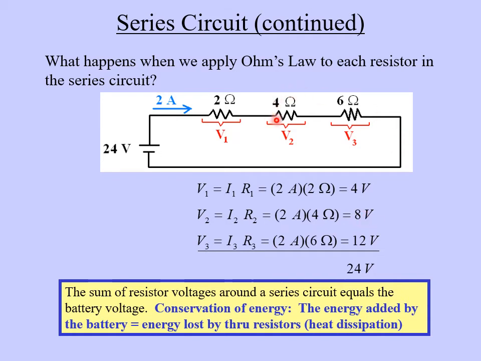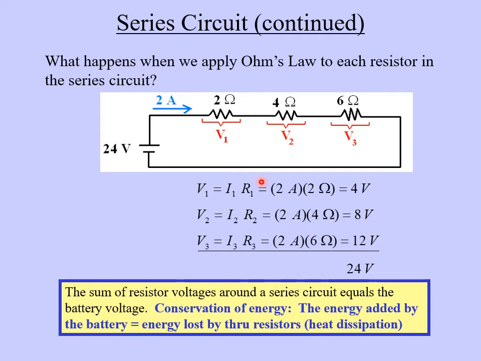All right, so this resistor has twice as many volts across it as this one because it has twice the resistance. And finally, for V3 here, V3 equals I3 R3. And I3, again, is 2 amps because of that rule that the same current flows through all of these. And R3 is 6 ohms, so 2 times 6 is 12 volts.